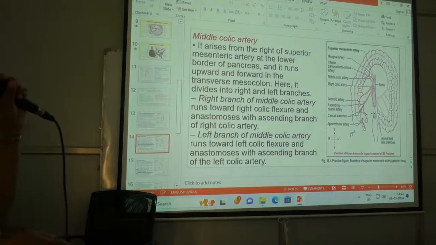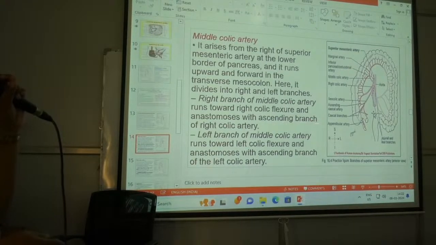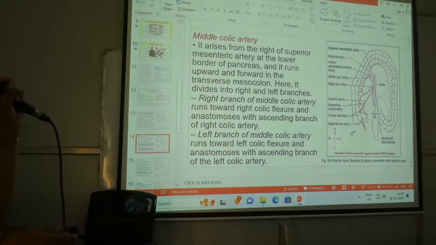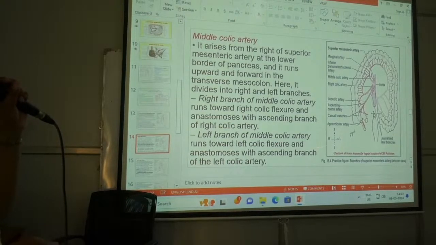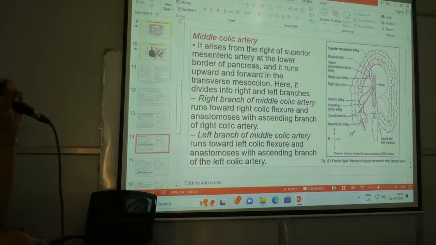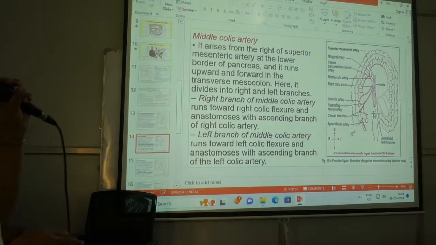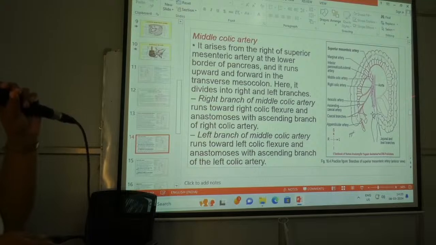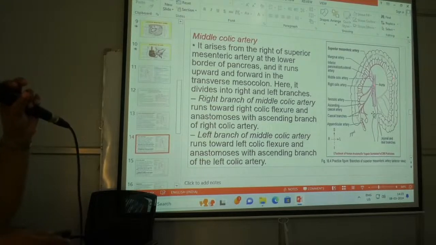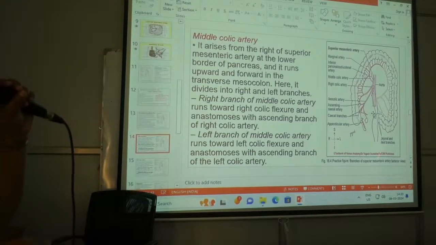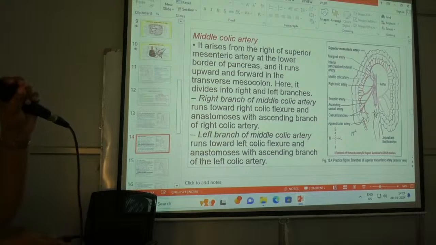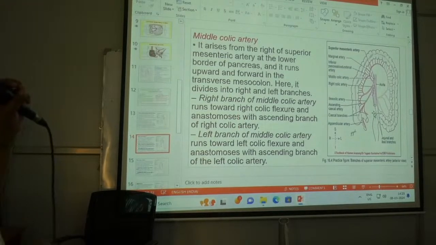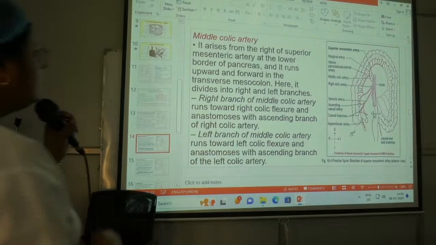The left branch of the middle colic runs towards the left colic flexure and anastomoses with the ascending branch of the left colic. The left colic is a branch of the inferior mesenteric artery. The inferior mesenteric artery gives the left colic and sigmoid branches and continues downward as the superior rectal artery. So this is the middle colic.